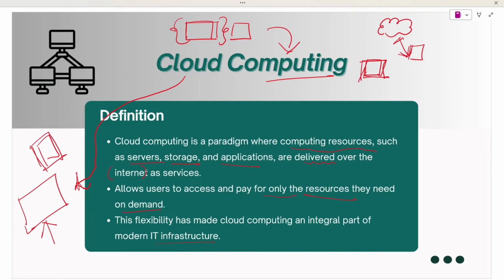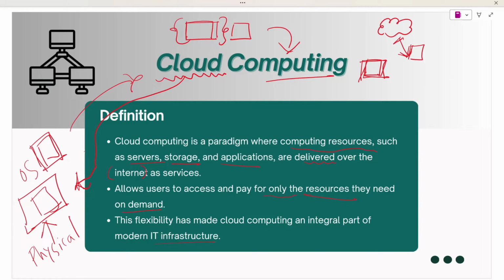It would cost a huge amount to store that data in physical format, so it is easier to store the data in the cloud where you pay only for the storage of the data. If you need any other resources like operating systems or server related resources, you can easily buy them from the cloud on demand, paying only for the resources you need.